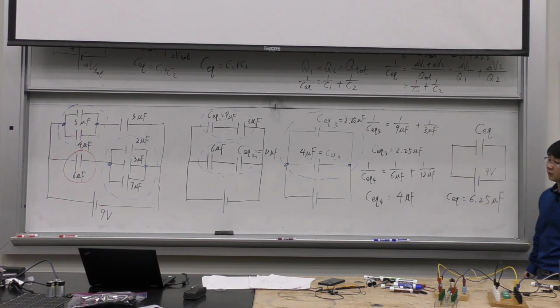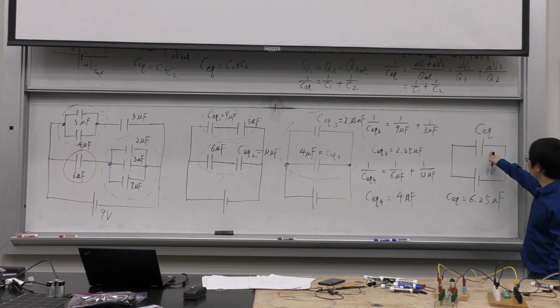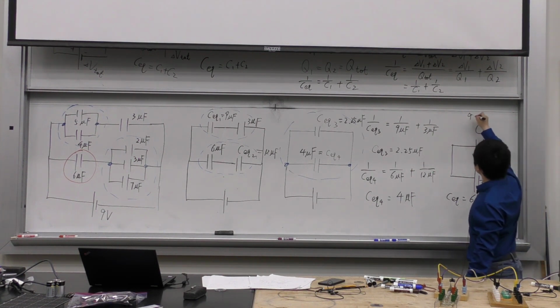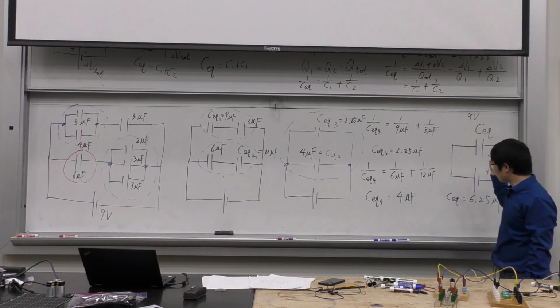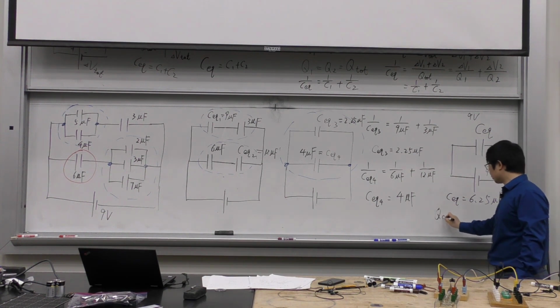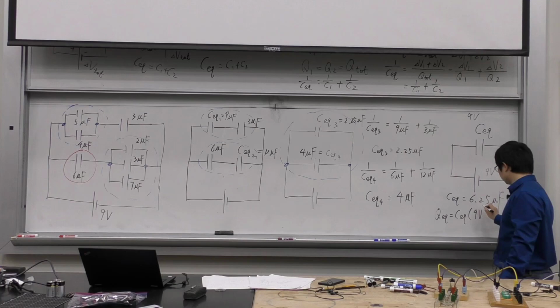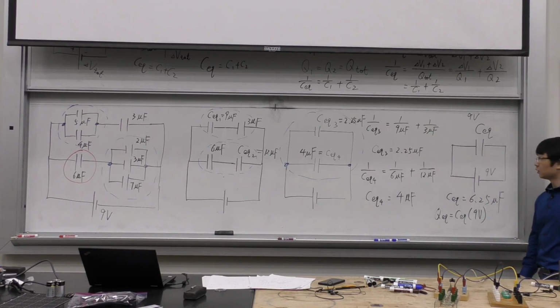So if you ask me what is the voltage on this one, that's just going to be 9 volts. What is the charge on this one? Well, I can find it for you. It's going to be CEQ times 9 volts. So that's everything about this diagram, right?